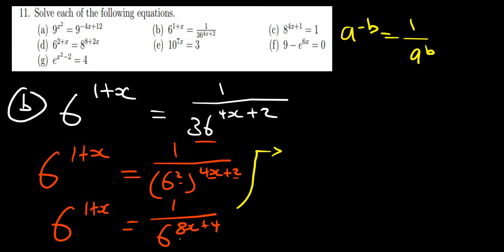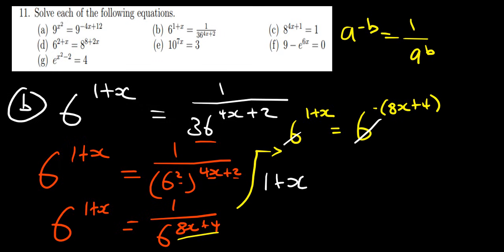So that is the same as 6 to the power 1 plus x equals 6 to the power, and then we put a minus on this power, so it will be minus (8x plus 4). Then from there we can cancel out the 6. Cancel this 6, cancel this 6. We're going to remain with 1 plus x equals this minus multiplied by 8x, which is minus 8x, minus 4.